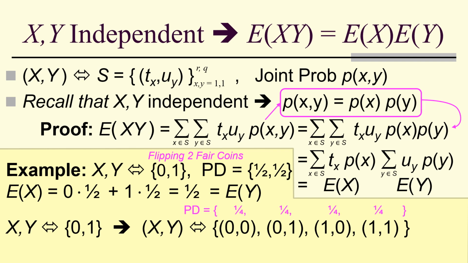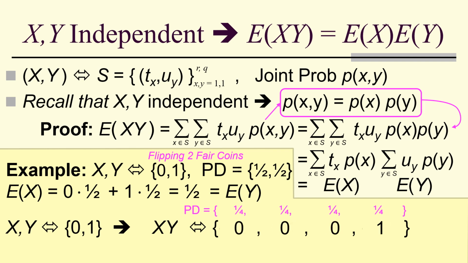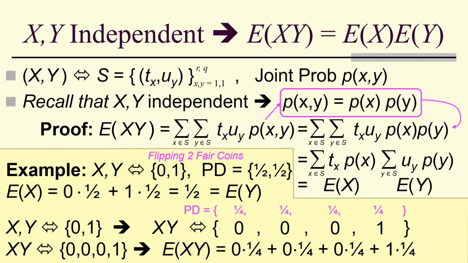And when I take the probability distribution for those pairs, it's a fourth, a fourth, a fourth, and a fourth, because x and y are independent. If I take the product, then xy is associated with the set 0, 0, 0, and 1, respectively. So the expected value of xy is a fourth, which is the product of E of x and E of y.